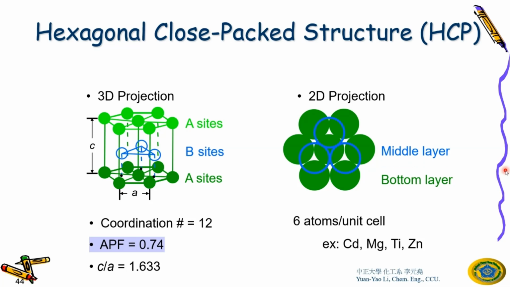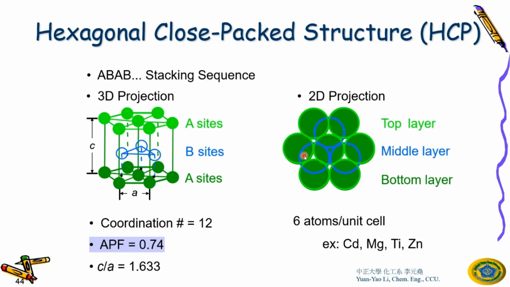Then next, you can put the atoms in the A site or in the C site. For the FCC structure, that will be an ABC packing sequence. For the HCP, that will be an AB sequence. So A site, B site, and then after that you put the atoms in the A site again. This is what we call the hexagonal close-packed structure, with AB packing sequence.